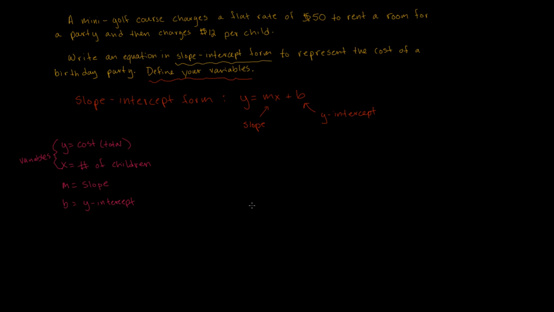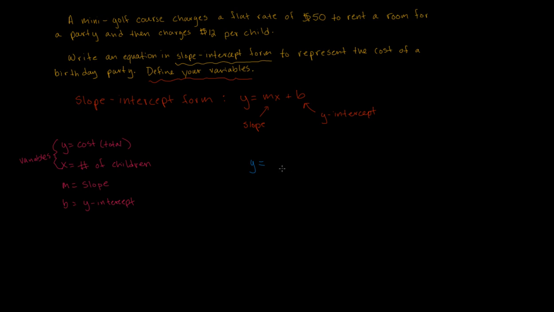Okay, so we've got these, and let's try to figure out what our equation would have to be. We still have y. That's always going to be our total cost, and that's going to change. So we don't really need to put a value for y.